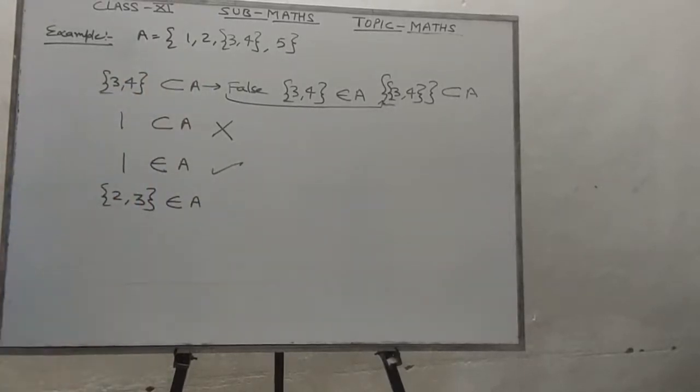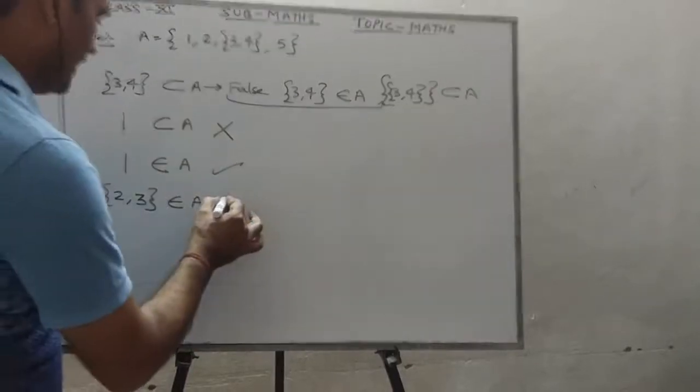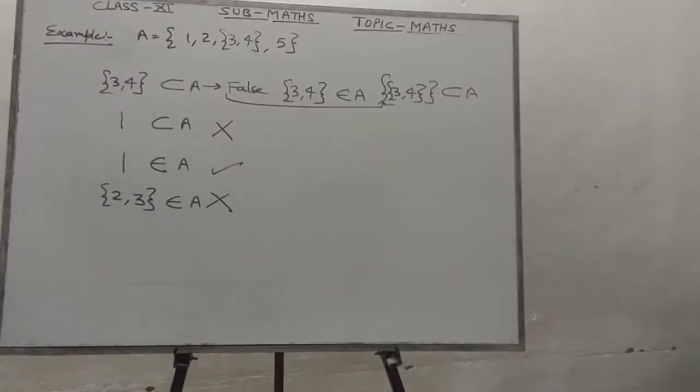Here also, does {2, 3} belong to A? No. 2 separately belongs to A, but with the combination of 3 it is not an element of A. So it is also false. So be very careful whenever we are dealing with belongs and subset.